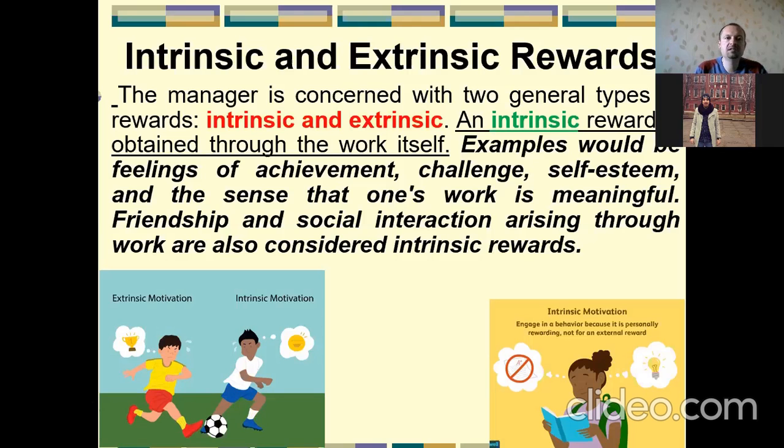And the second type of reward is an extrinsic reward, внешнее вознаграждение. Please look at the football player with a yellow t-shirt. He is playing this game, not because he enjoys this process, but he thinks about some reward which must be presented to him if he wins the game.